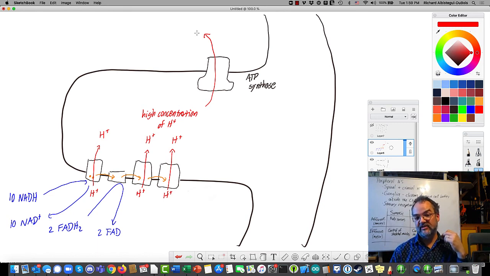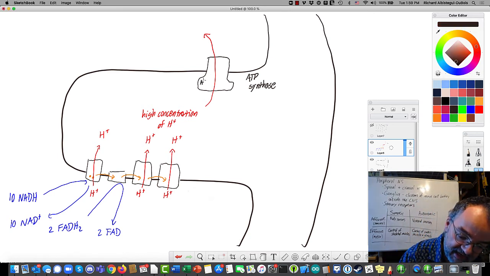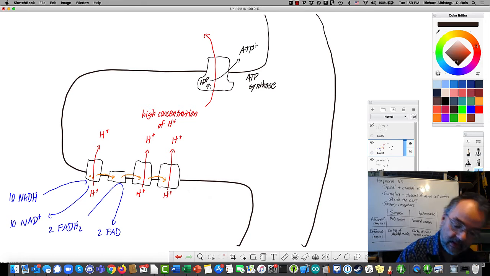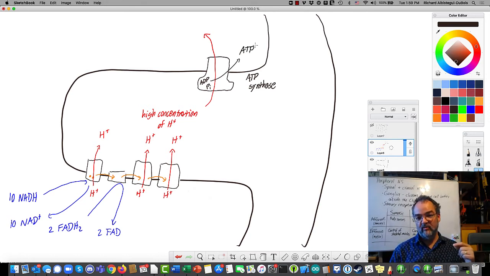As those protons move through it, it uses that movement to almost literally turn a little wheel inside that brings ADP and phosphate together to make ATP. It's almost like a little water wheel for those protons. As they pass through, it uses that movement to make ATP, to bring those ADPs and phosphates together.